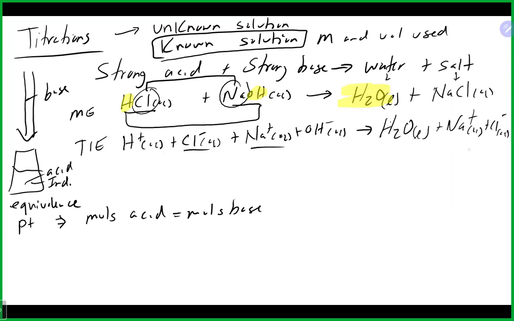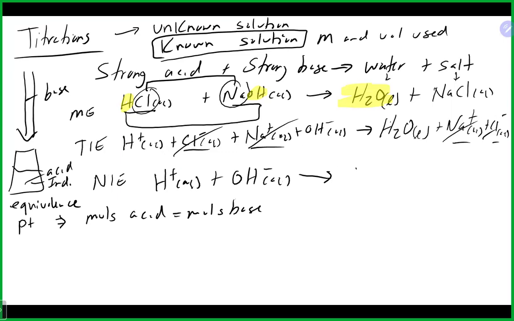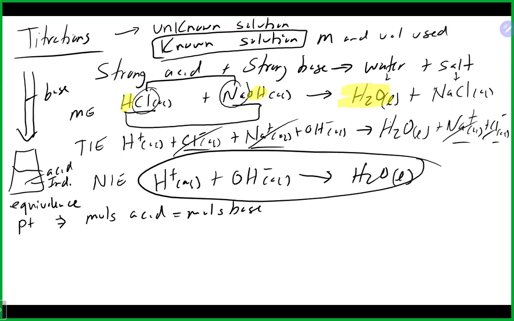And our spectator ions here are the sodium and the chloride, which, if we get rid of them, give us the net ionic equation of what's happening here: the H plus from the acid will go find that hydroxide from the base, and we will form water. That is ultimately the net ionic equation that you'll get for pretty much any strong acid, strong base combination that you do. It is that formation of water, which again is one of those 3 reasons why a reaction takes place.